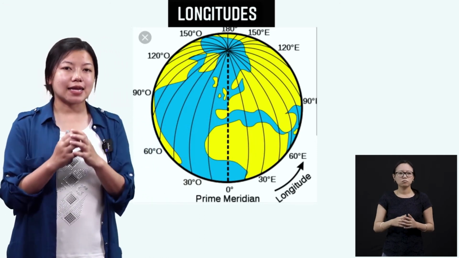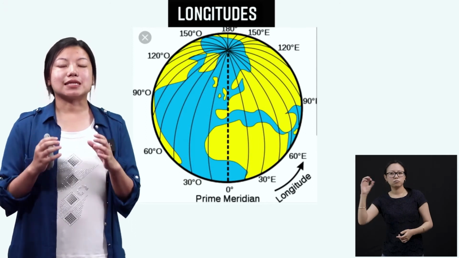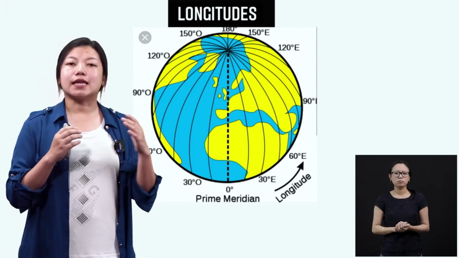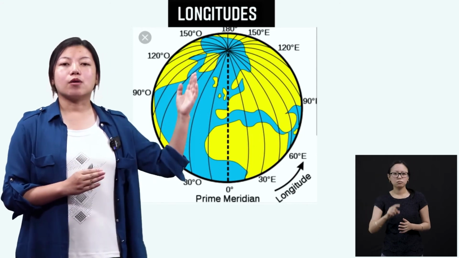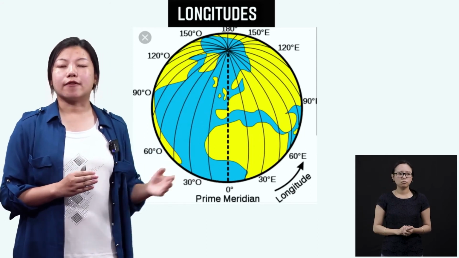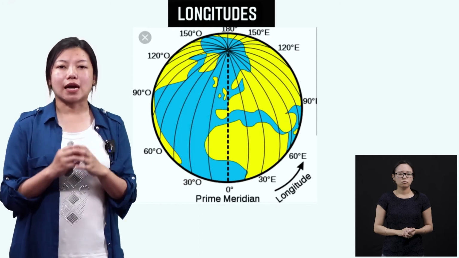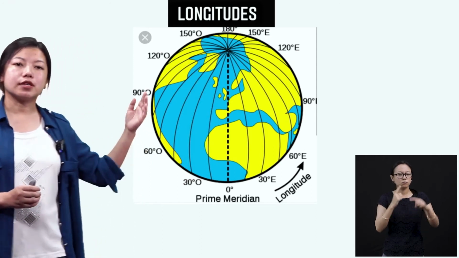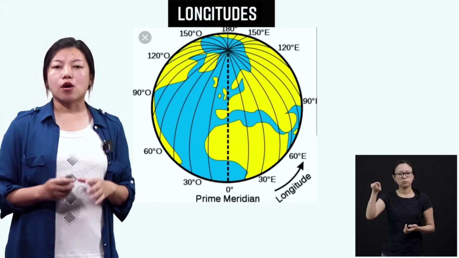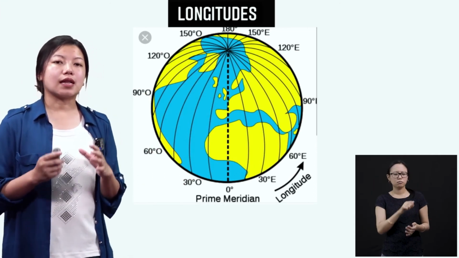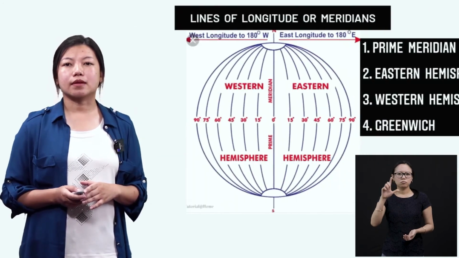So when you add that, you get 360 lines. So in latitudes, we have 180 lines, whereas in longitudes, we have 360 lines. Okay, so look carefully. These are the longitudes. Also, we have some important lines in the longitude.